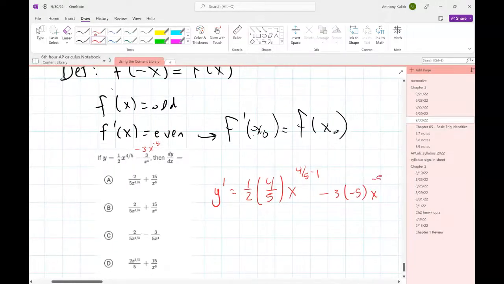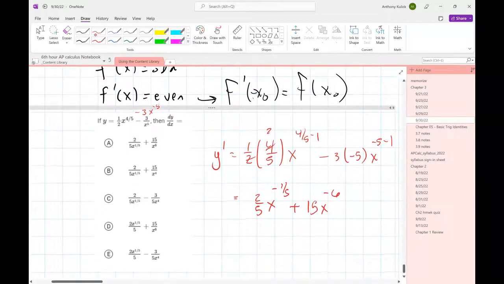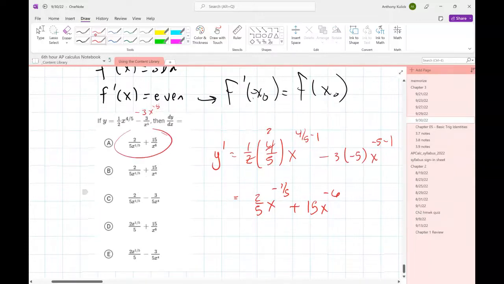So if I simplify that out, I got 2/5 x to the negative 1/5 plus 15 x to the negative 6. This one. Does that make sense? Yeah, I subtracted negative 5 minus 1 to get negative 6. Oh, you gotcha. Yeah.